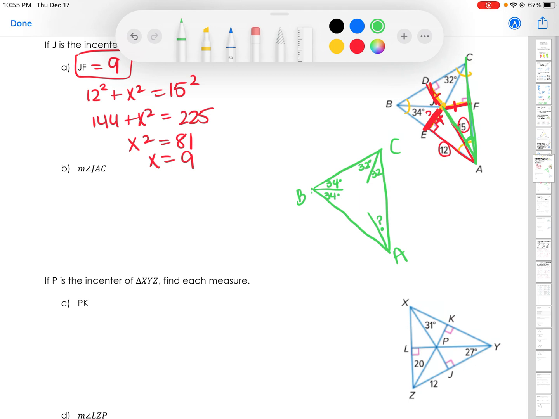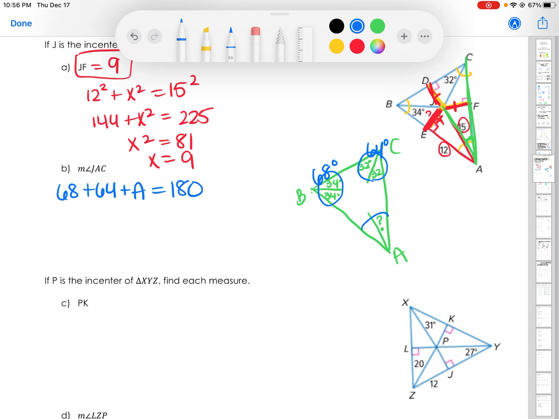Okay, so if we think about this, we can really think of this as the big triangle ABC, and if these are both 32, this whole angle over here is 64 degrees. If these are both 34, this entire angle over here is 68 degrees, which means if I can find this entire angle over here, then I can just cut it in half to bisect it. So I can say 68 plus 64 plus angle A is going to equal 180.